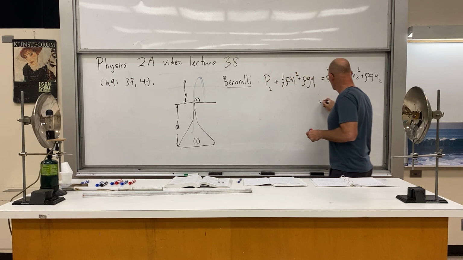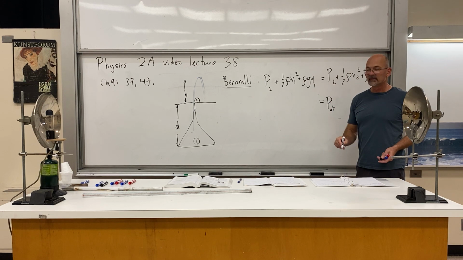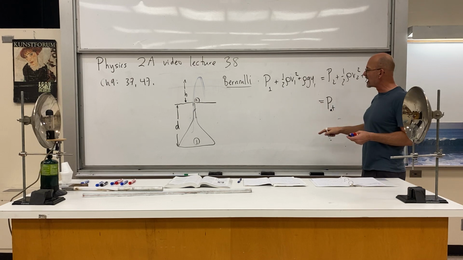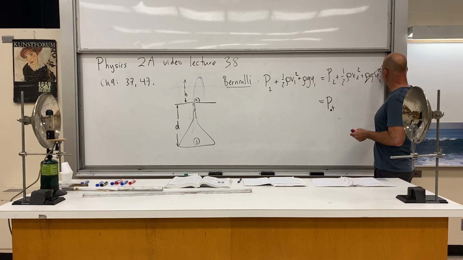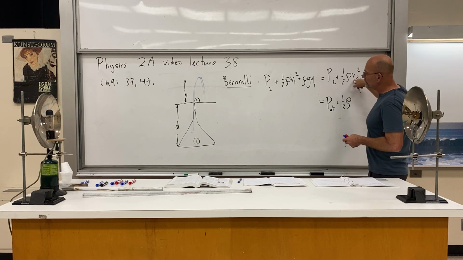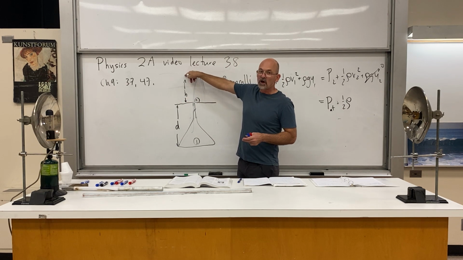So talking about point 2 here, we have atmospheric pressure. Okay, we can call the y sub 2 0, just make our y-axis be at 0 there, so that's gone. And we have 1/2 rho, but we know the speed because of the height of the column of water.